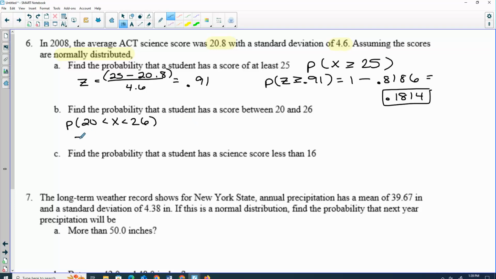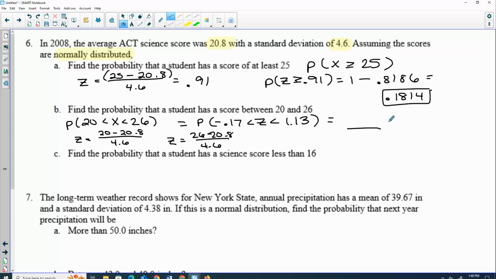So each Z, our value, so 20, minus the mean, 20.8, divided by the standard deviation of 4.6. So remember, we're subtracting these probabilities. You need to do the bigger one first.